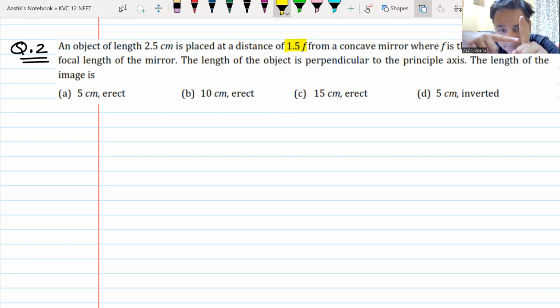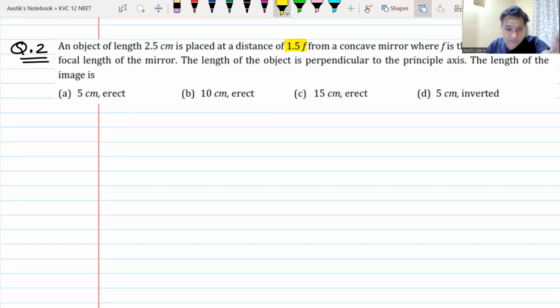It is perpendicular. Remember, we have studied about two types of magnifications, yes or no? One is transverse magnification and the other one is longitudinal magnification. Do we remember it? Yes, sir. Well done, sir. So this is the question, sir. The length of the object is perpendicular to the principal axis. What is the length of the image?